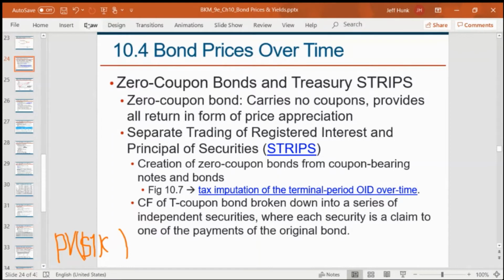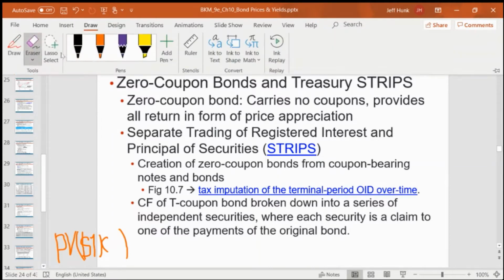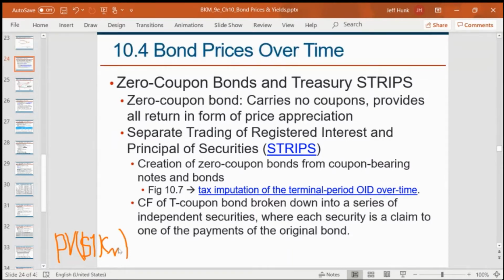There will be a present value of this 1K at time n.